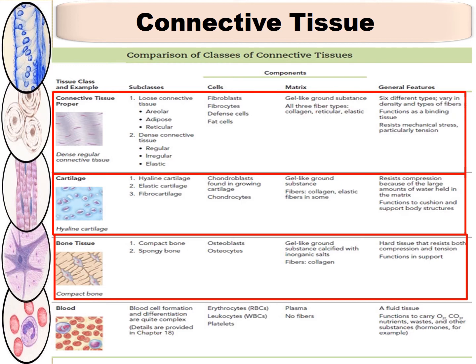Also, in addition to this, the matrix is gel-like ground substance calcified with organic salts, with fibers like collagen. And if we talk about the general features of bone tissue, they are hard tissues that resist both compression and tension. And the main function of bone tissue is support.